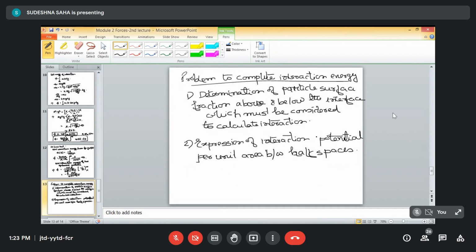Okay, so these two are problems, and you don't have to remember it, or you can remember it, but I will not ask any questions from this. These problems can be solved with the help of a flat meniscus approximation. That means you don't have a meniscus on the surface like this.